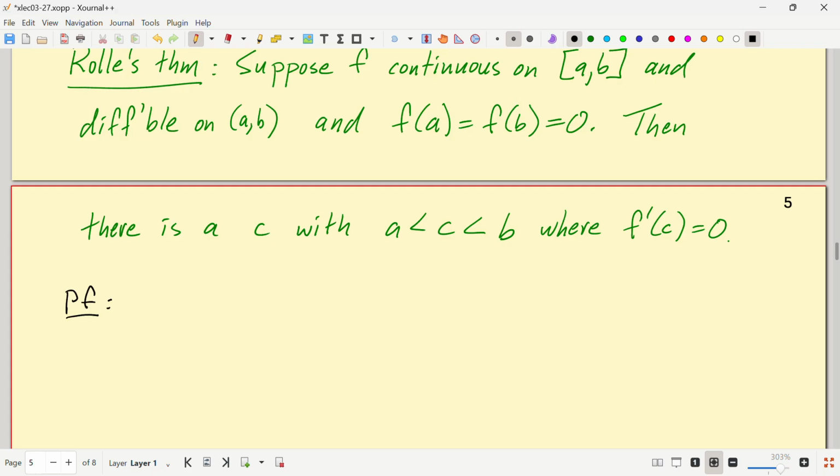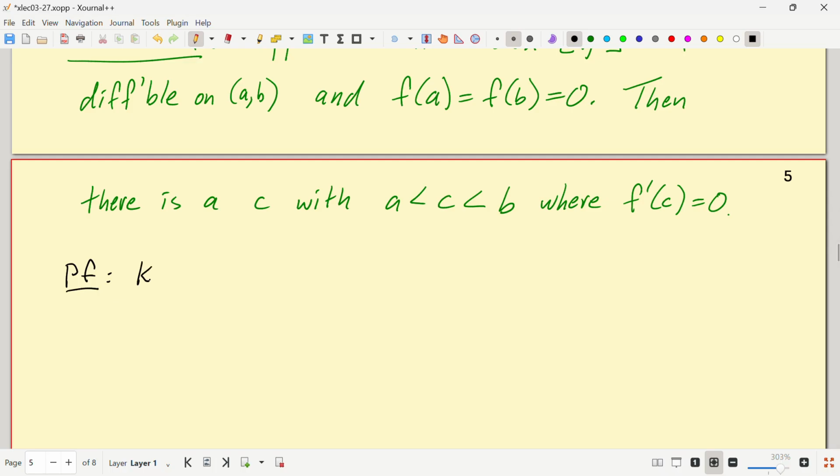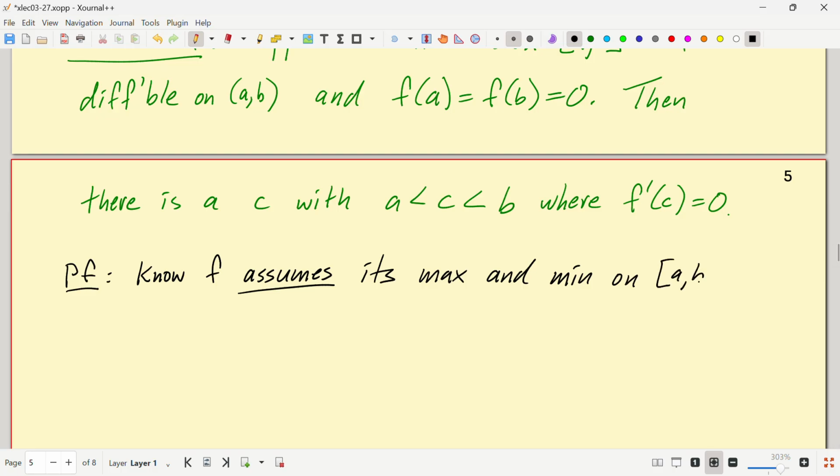We know that f assumes its max and its min on [a, b], because it's continuous.